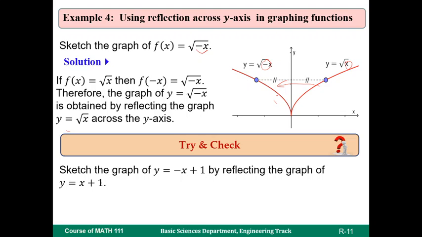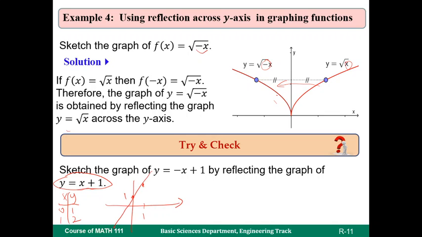Sketch the graph of negative x plus 1 by reflecting the graph of x plus 1. Now, what is the graph of x plus 1? This is a line, so you can pick 2 points, 2 ordered pairs. I will say 0, it becomes 1, and 1, it becomes 2. So (0, 1) is a point, and (1, 2) is another point.